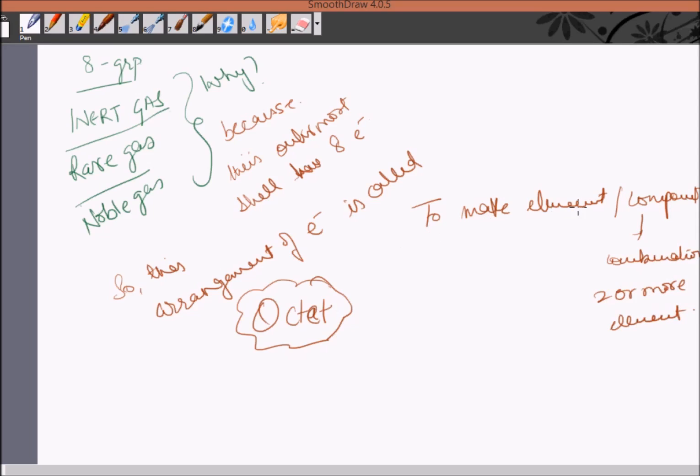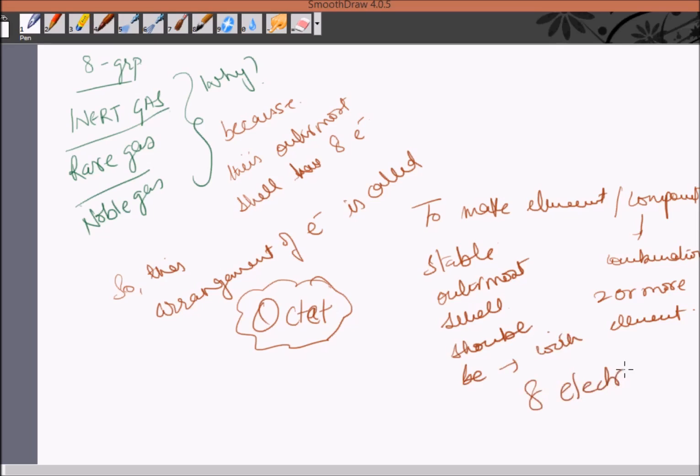So to make an element or compound stable, the outermost shell should be with 8 electrons, right? So I'll give you one example.